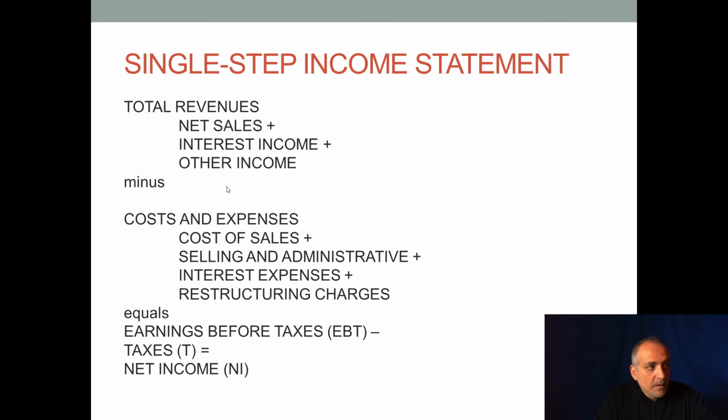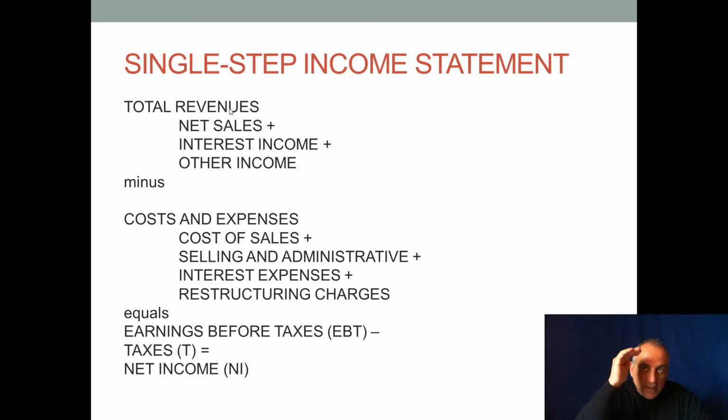So, sales plus interest income plus other income means total revenues. We all know that the top line is called sales, okay? Top line. Why?